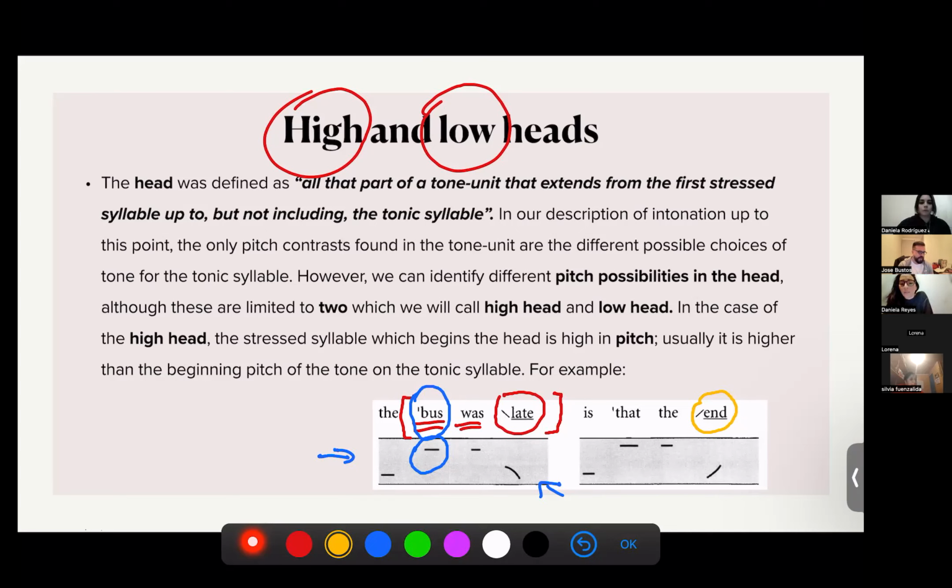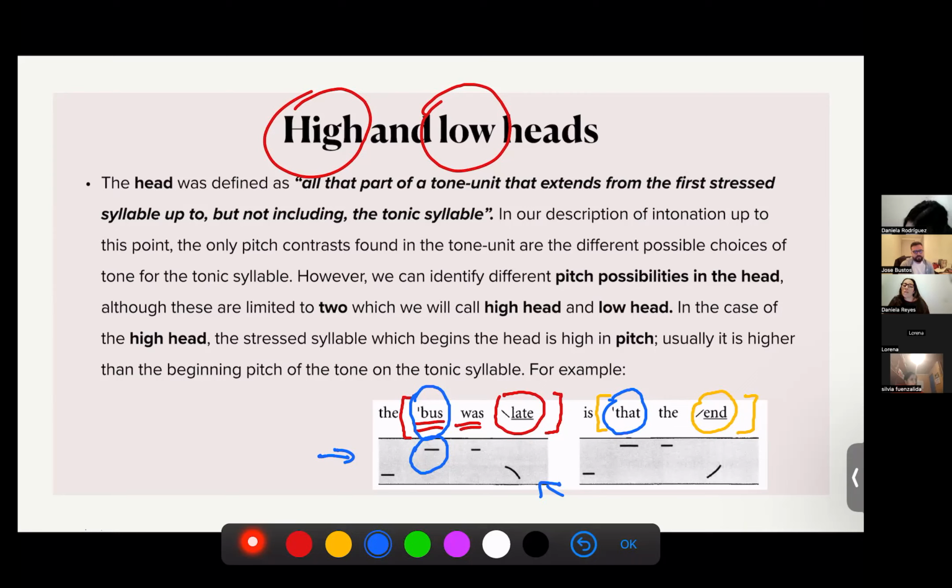Very good. Now, what is the high head in that example? "That", because it's the first stressed syllable. Very good. Now, Sylvia, how will you pronounce the second example based on that illustration?